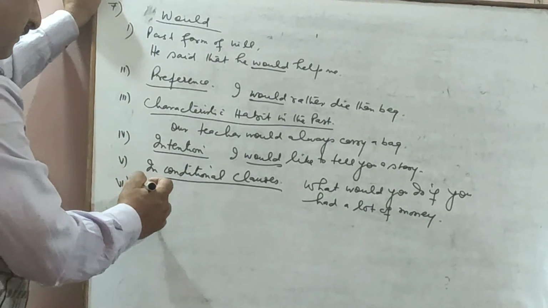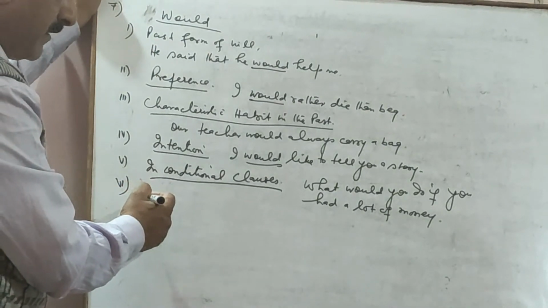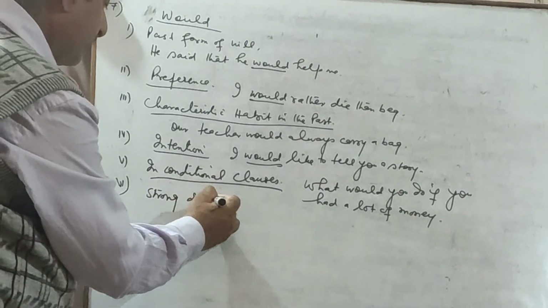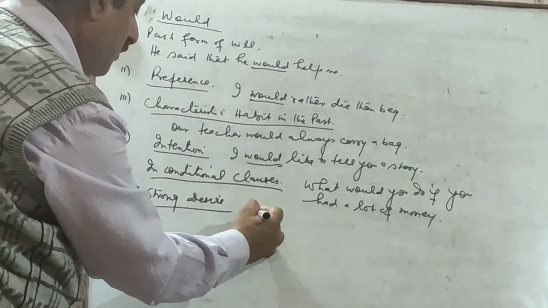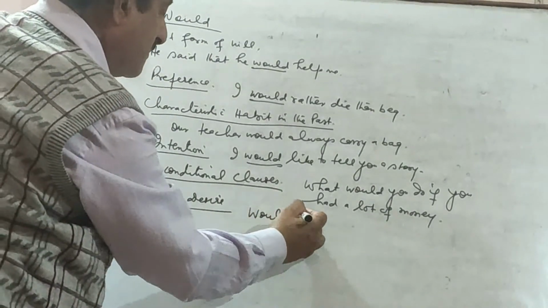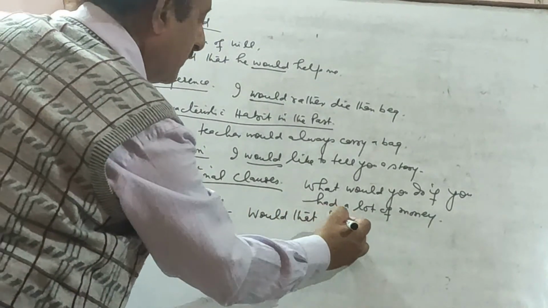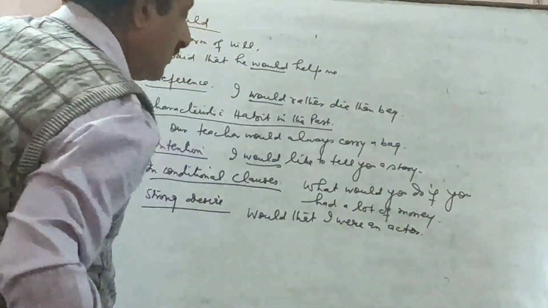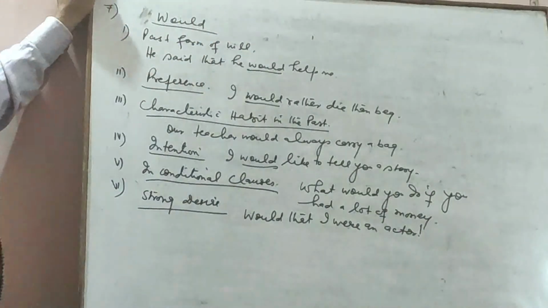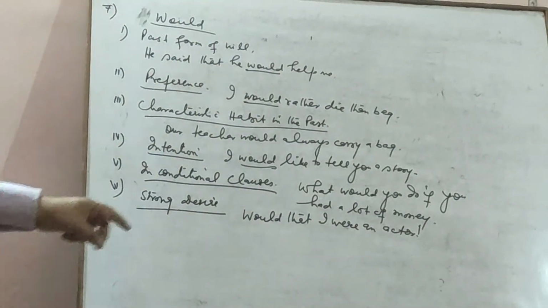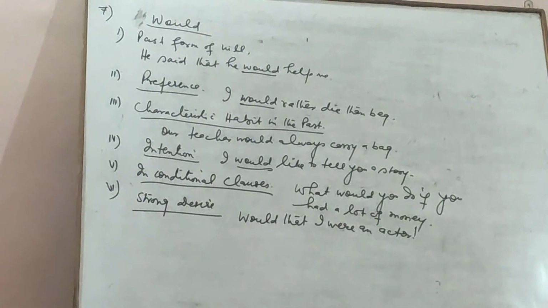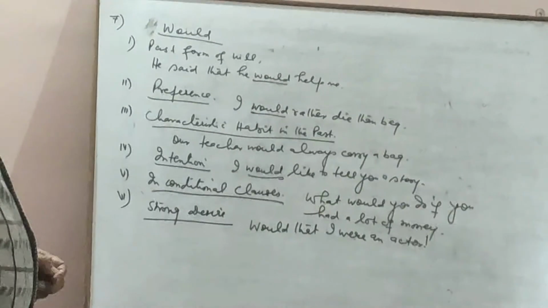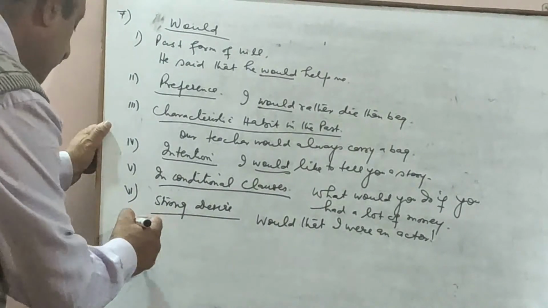Then we use would to express strong desire. Would that I were an actor! So it will be followed by the sign of exclamation. It's a strong wish that the speaker wants that it would have been better if he had been an actor. So this is the use of would.